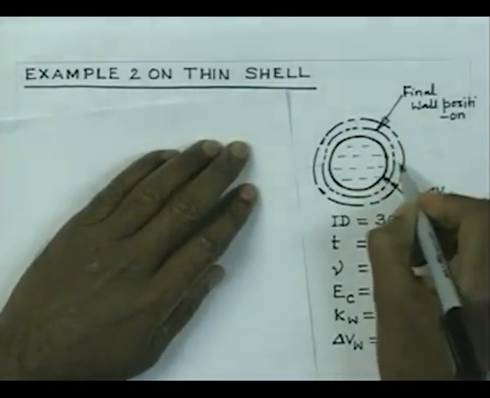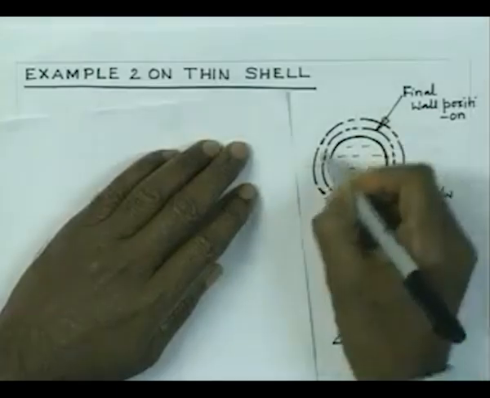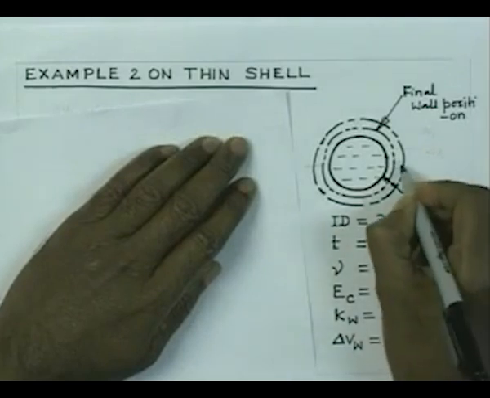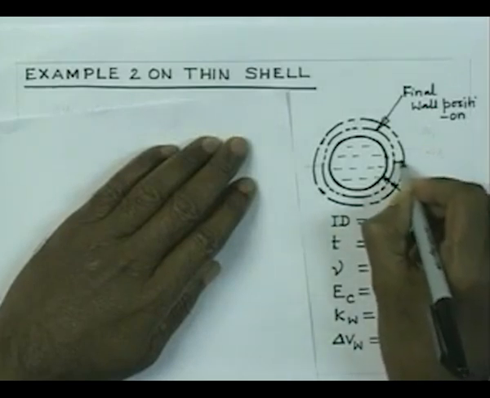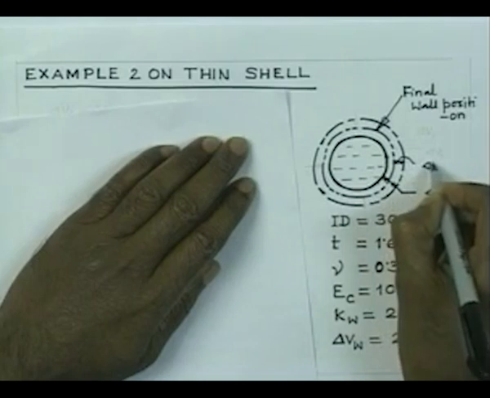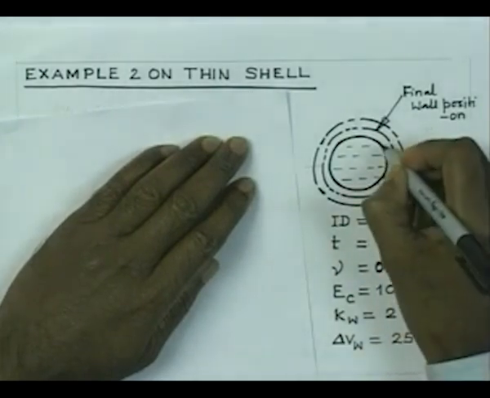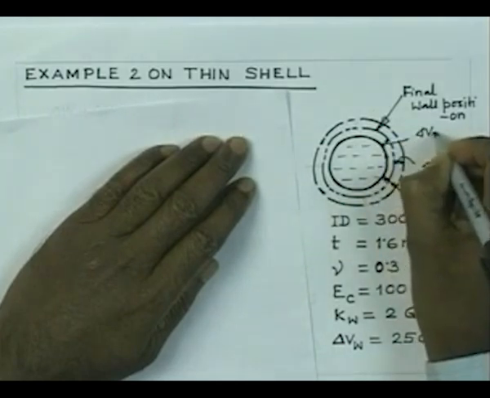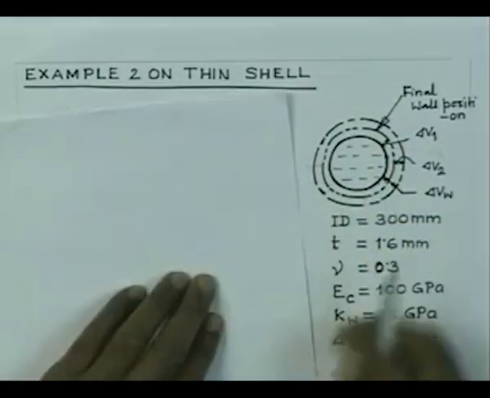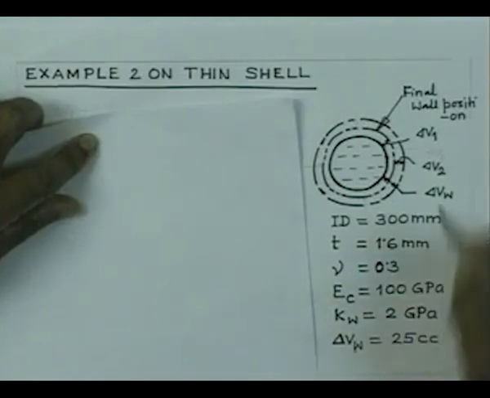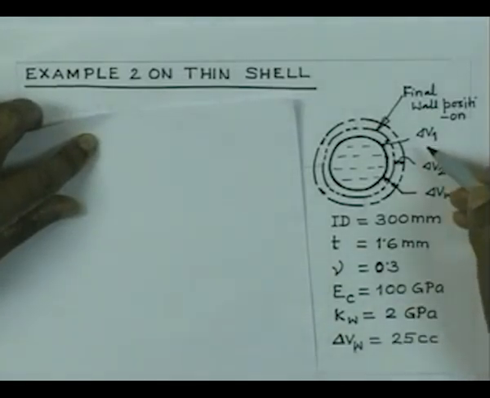What we find is that the water, this sphere of water, got compressed by some volume, delta V2, and the copper vessel got expanded by this much, delta V1. So, it is obvious that the total volume of water that we have inserted is nothing but delta V1 plus delta V2.